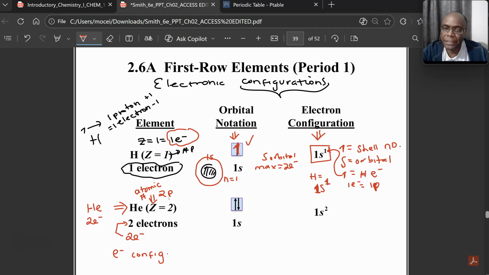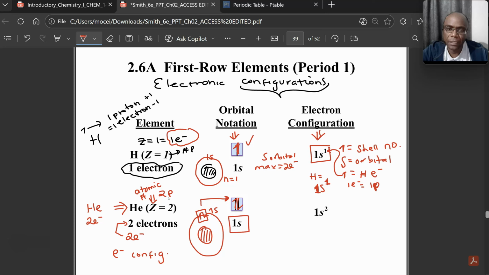Now how do we arrange the helium electrons? So we have the nucleus, and then we have the first shell. The first shell, n equals 1, has the s orbital, and each orbital we know carries 2 electrons. So that's how we would show the orbital notation, with the electrons as fishhook arrows up and down.